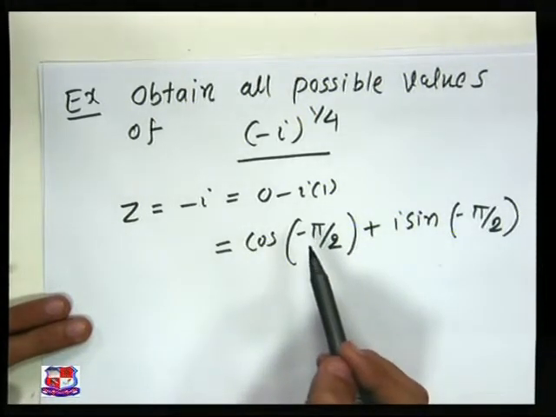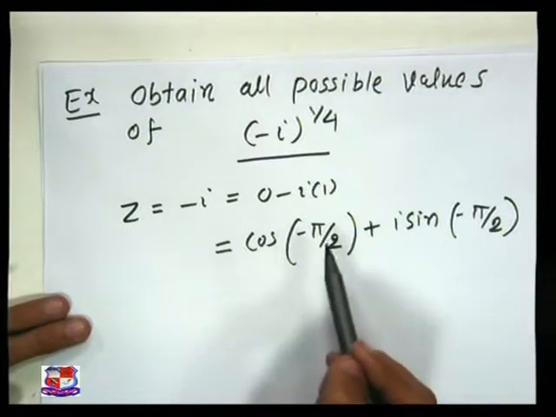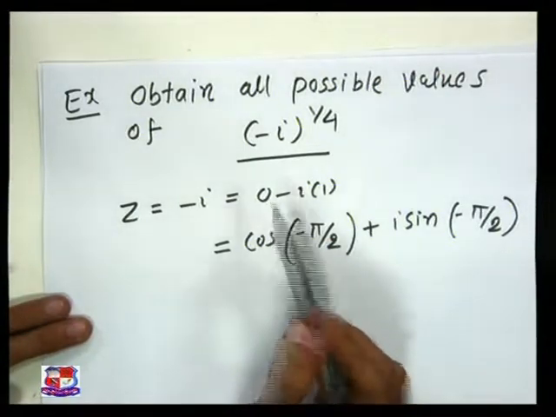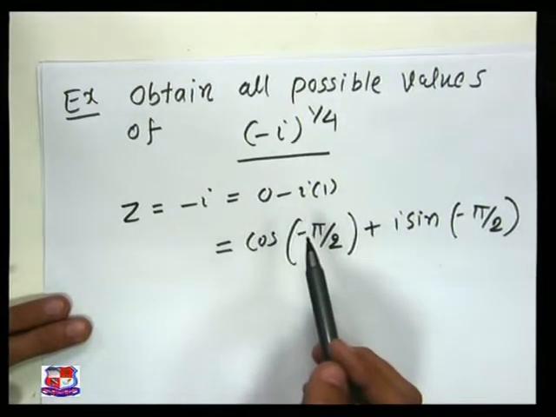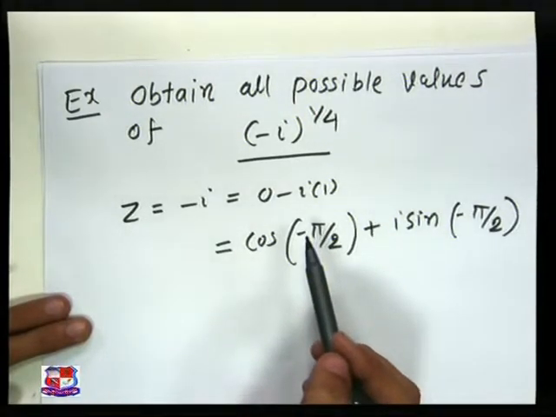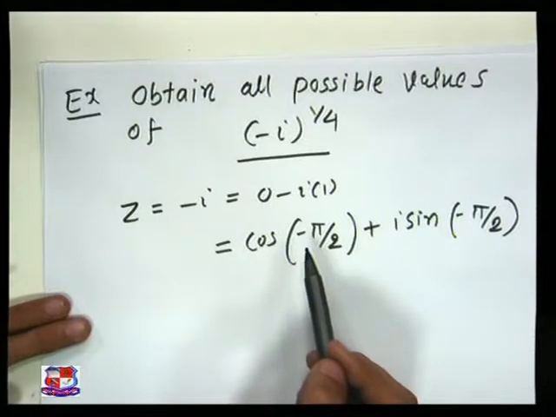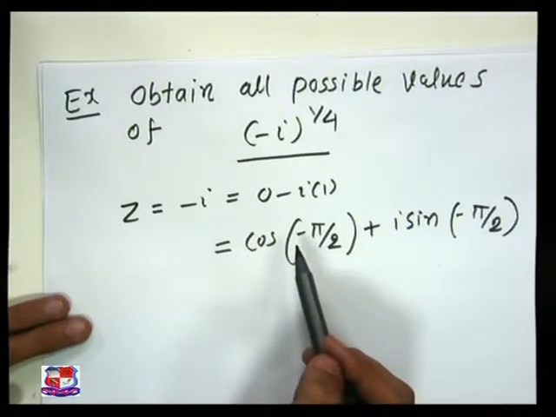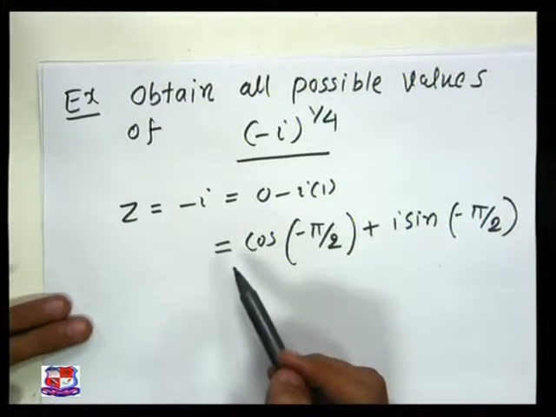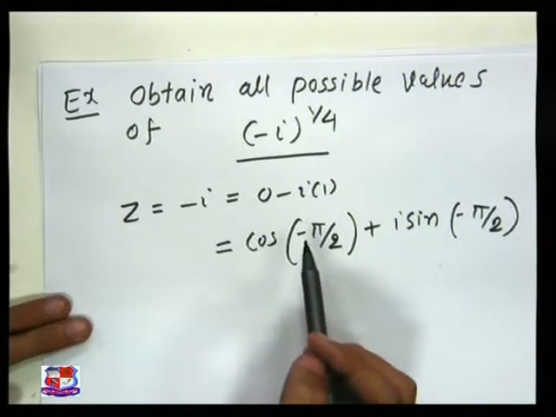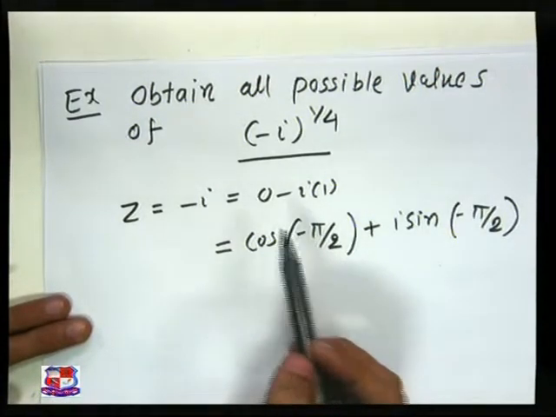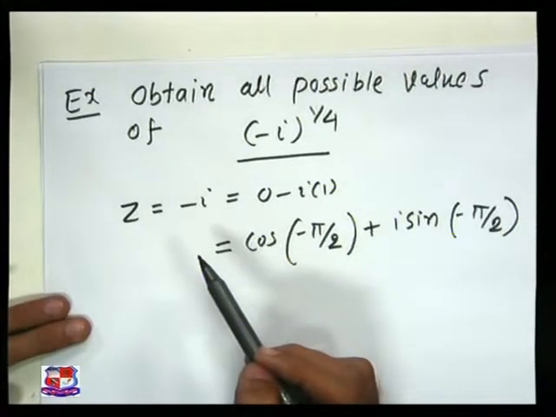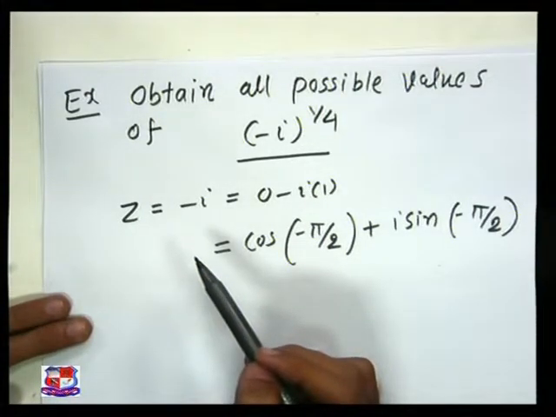We know that cos 3 pi by 2 is equal to 0 and sine 3 pi by 2 is equal to minus 1, but I have taken minus pi by 2 because for the principal argument we need theta between minus pi and pi. The position for minus pi by 2 is the same as for 3 pi by 2.